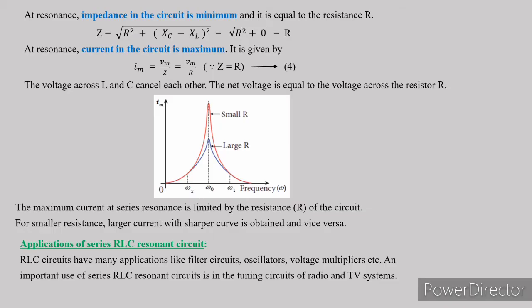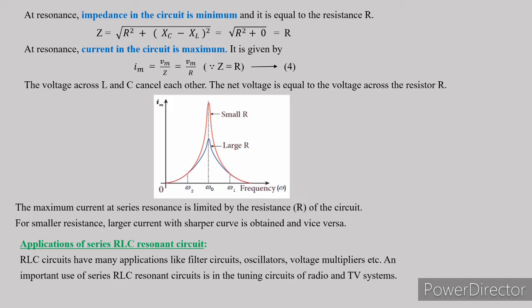At resonance, impedance in the circuit is minimum and it is equal to the resistance R. Z equal to square root of R square plus (Xc minus XL) the whole square, which is equal to square root of R square plus 0, that is equal to R. At resonance, current in the circuit is maximum.